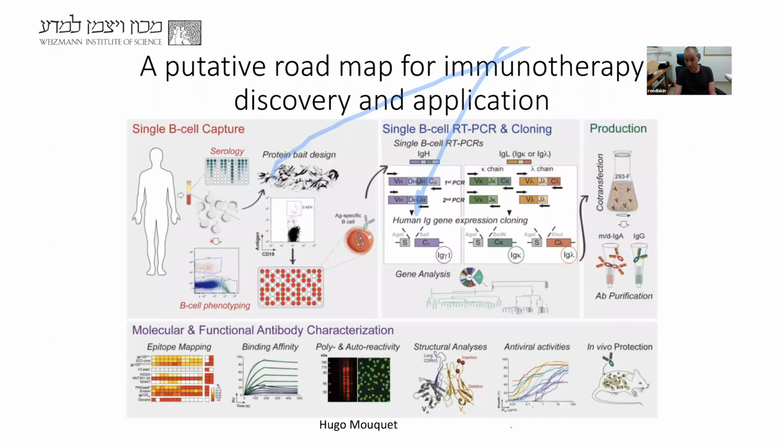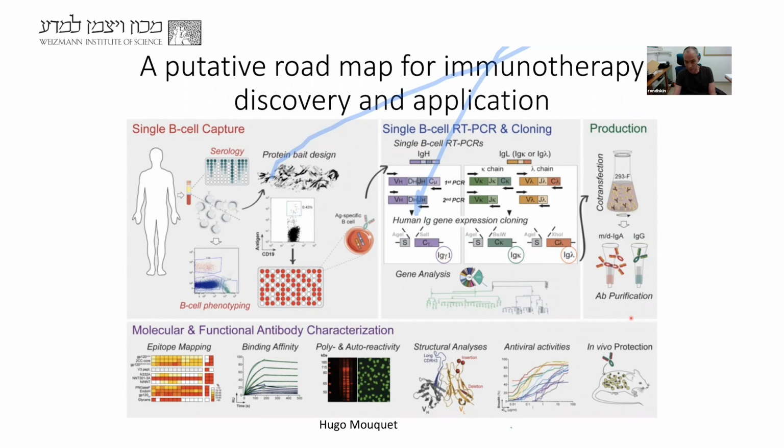It's a bit complex. I'm not going to go through all the different steps here, but this is something that was developed in recent years. There are different groups and different pharma companies that know how to do that. It involves some characterization that takes time.